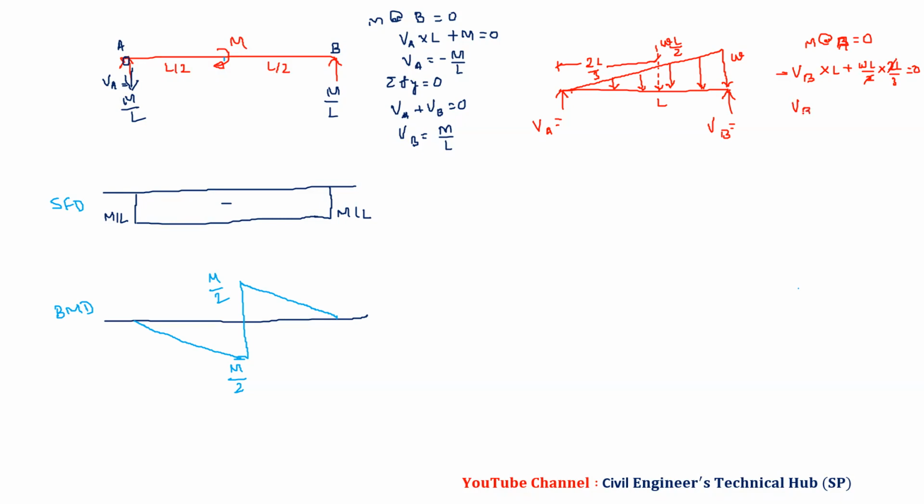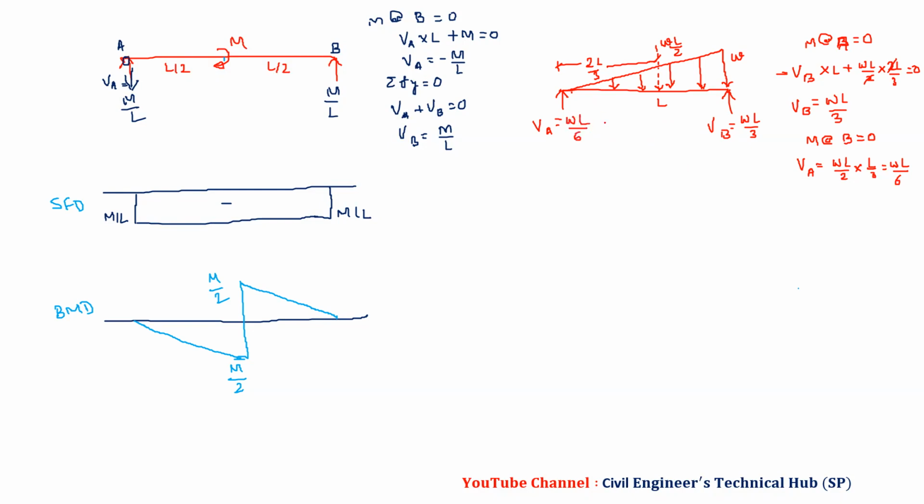We have VB equal to WL by 3. Then you can take moment about B equal to 0. Then VA we will get as WL by 2 into L by 3, which will be WL by 6. So we have VA as WL by 6.